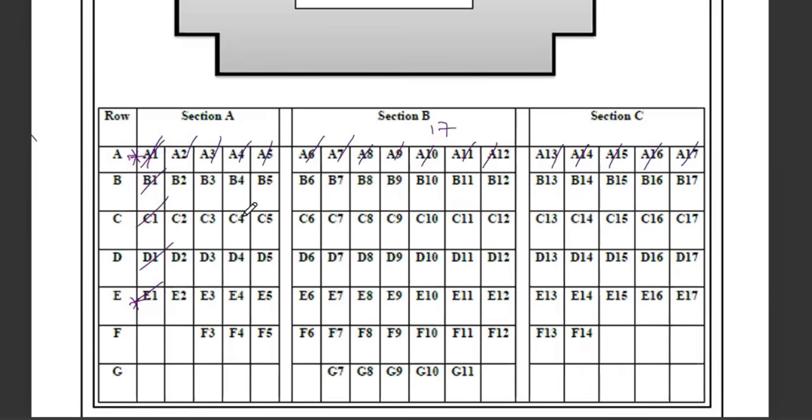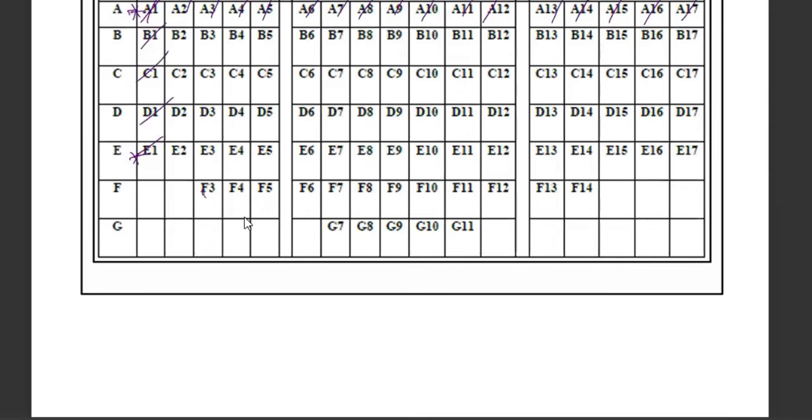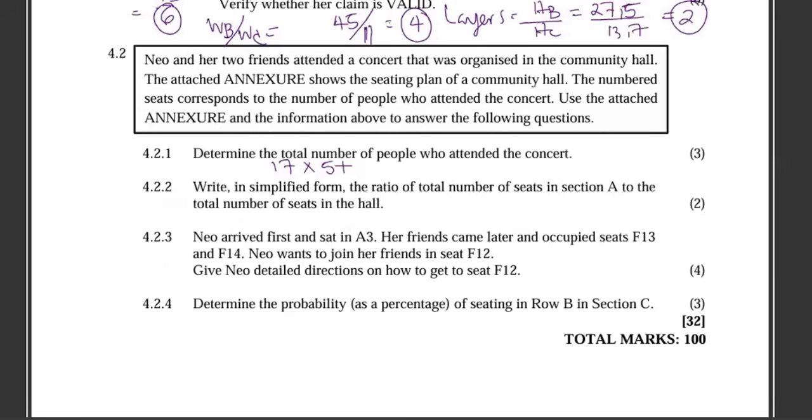Because the 5 have ended already. So plus 1, 2, 3, 4, 5, 6, 7, 8, 9, 10, 12, 13, 14, 15, 16, 17. So we come and add them, 17, and the answer becomes 102 people.